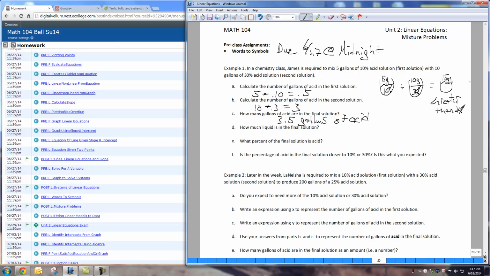How much liquid is there in the total solution? That's 15 gallons. What percent of the final solution is acid?